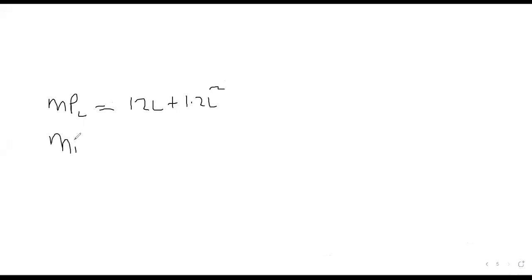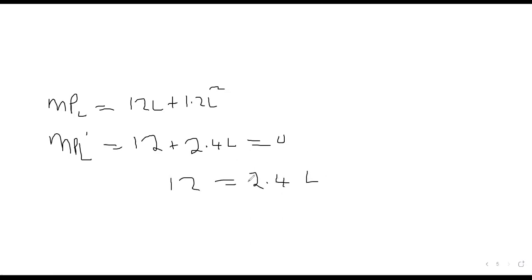So to maximize, we differentiate once first. This will be 12 plus 2.4 L. And we equate to 0. So when this one goes to the other side, 12 is negative 2.4 L. Then we divide both sides by 2.4.